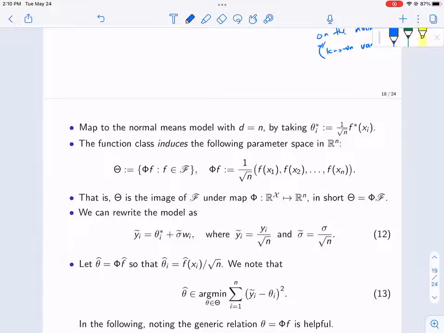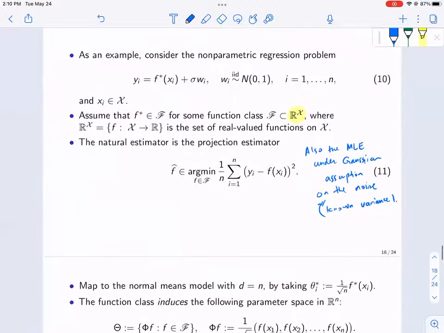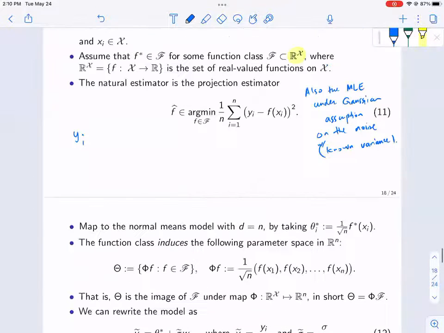So we can map this to a normal means model, as I believe we discussed last time. If I divide both sides of the first equation by root n, this gives me f of x_i divided by root n plus sigma over root n w_i.